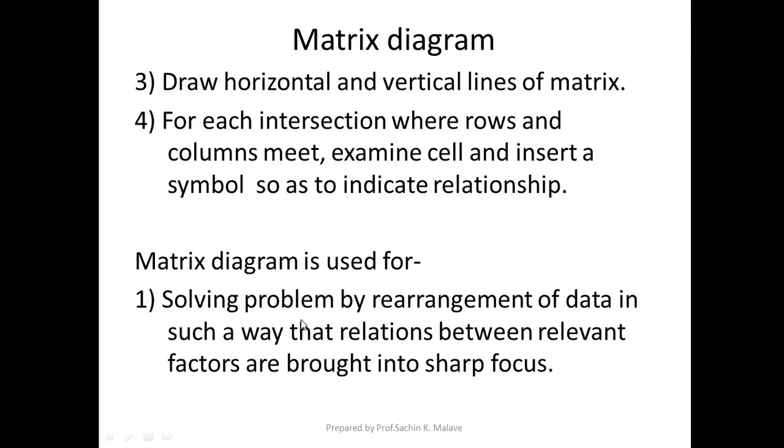It is used to solve a problem by rearranging the data in such a way that the relationship between relevant factors is brought into sharp focus. So it is very important that we bring the relevant factors into sharp focus.